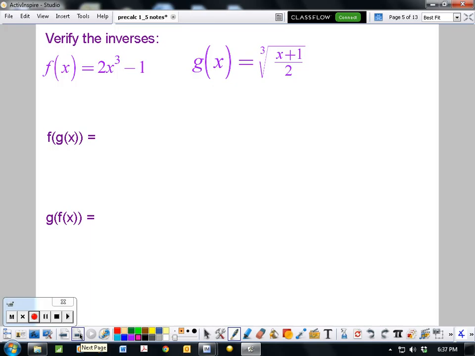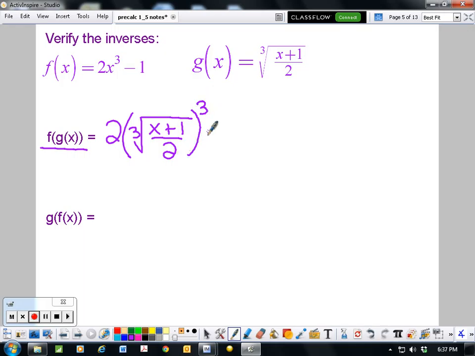Okay, so we're going to go ahead and practice verifying some inverses. So we've got the function f of x and g of x. So I'm going to go ahead and do the composition where I'm plugging g of x into f of x. So this is 2, and in the x spot we're going to put in that g function. Now luckily we have that cube root, and the cube should cancel each other out.